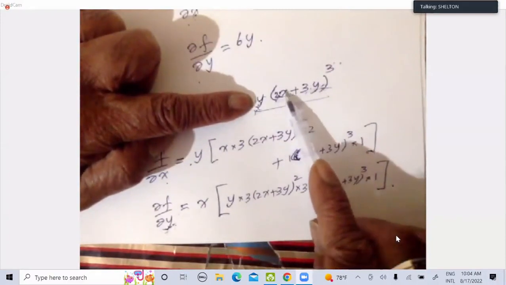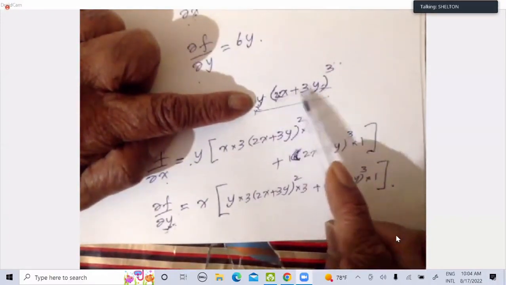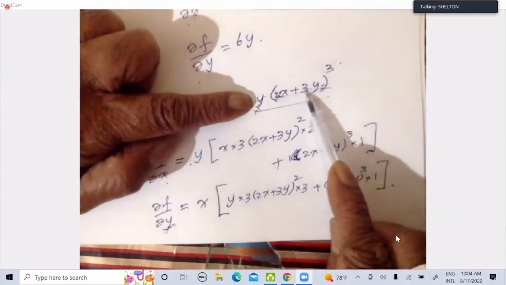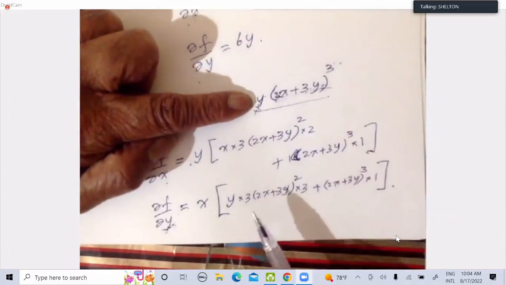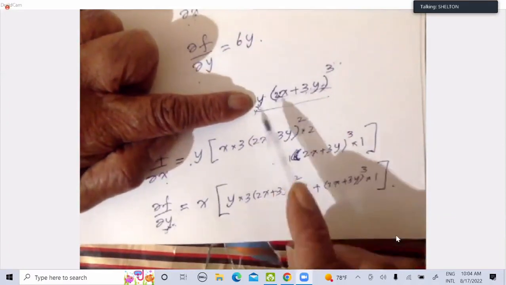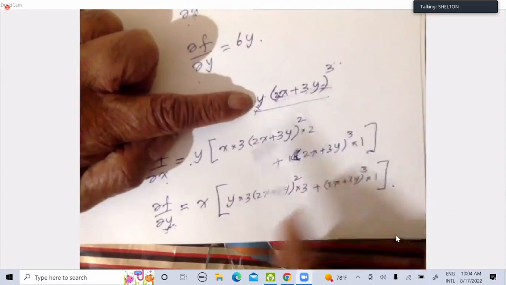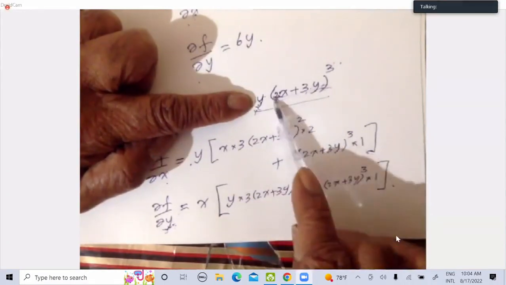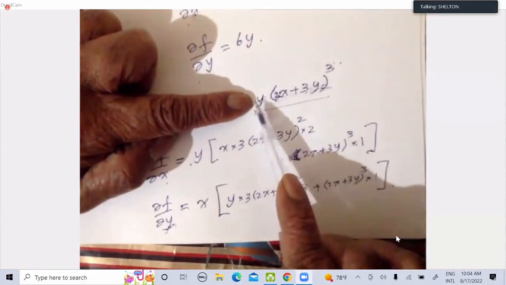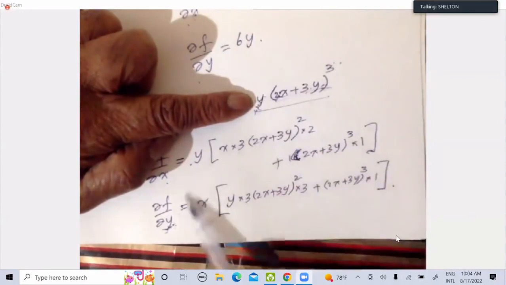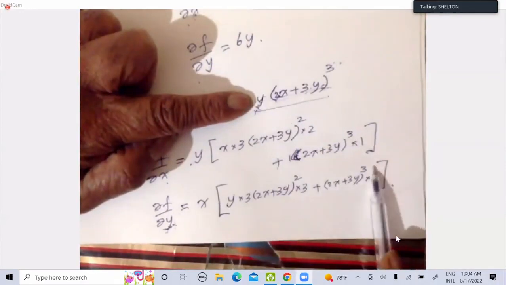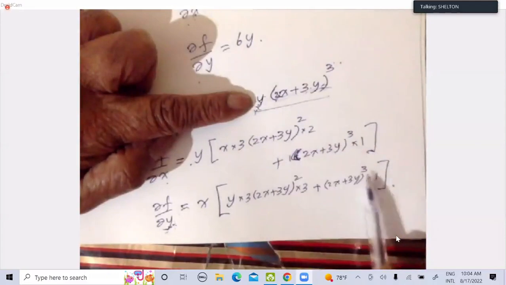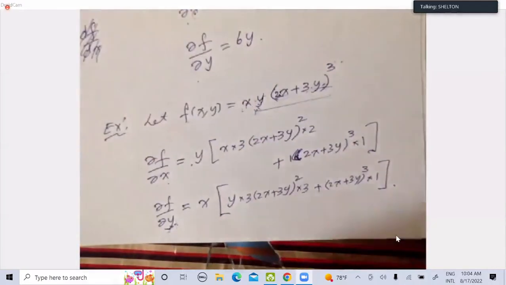X is constant, derivative 0, and derivative of this is 3. So y times this one times derivative of that, product rule, plus that times derivative of this. Derivative of y with respect to y is 1. Product rule, quotient rule, you can apply everything.